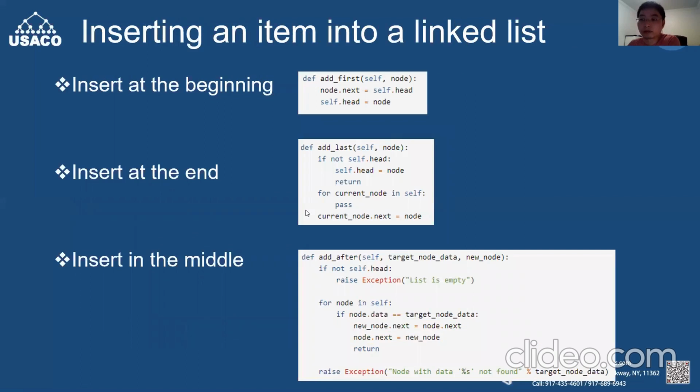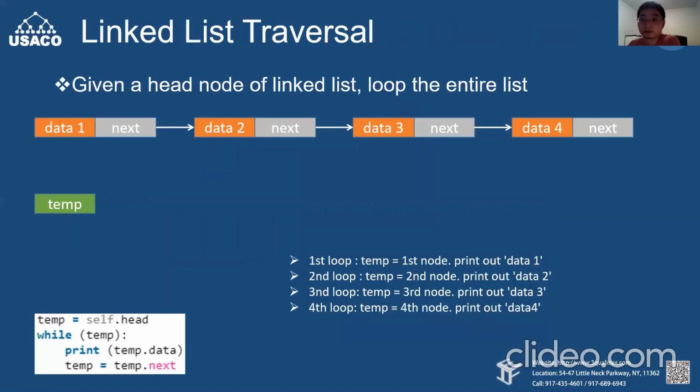Are we clear? Okay, so the assignment for this class: I ask you to create your own Python node and Python linked list, create objects of the nodes and insert them into the linked list, and again traverse or loop through your linked list.